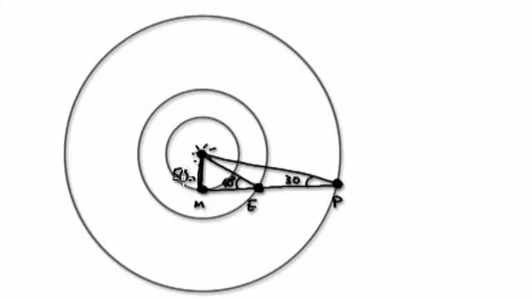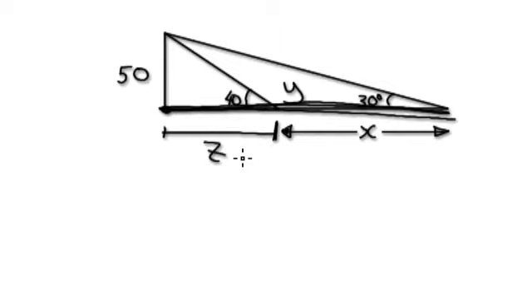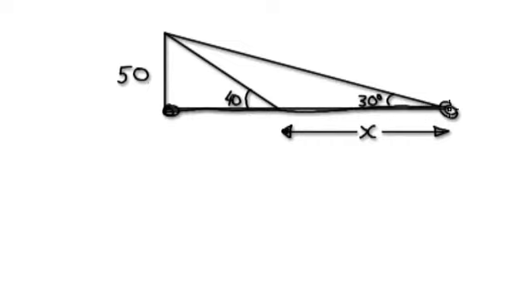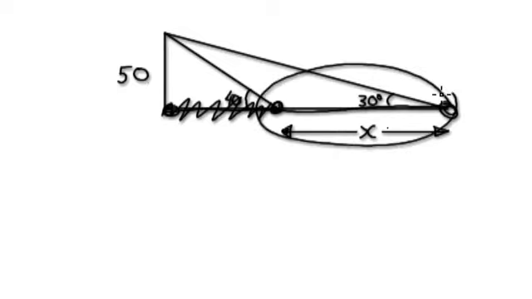Work out this whole distance here. Let's call it y, and then later work out z here, and then x will be y take away z equals x, and x is what we want to know. So basically, work out this whole distance here, and then take away this distance here. What's left would be what you want to know.